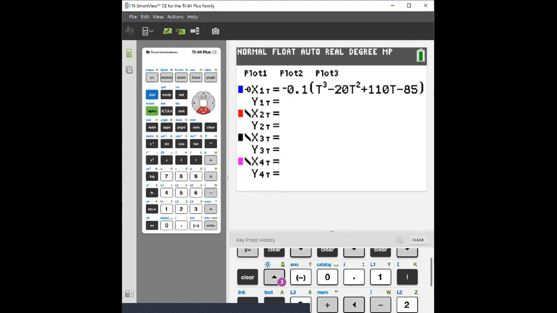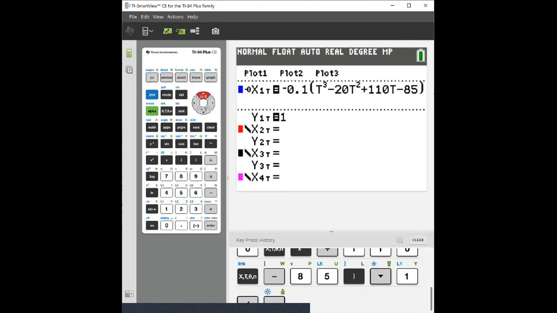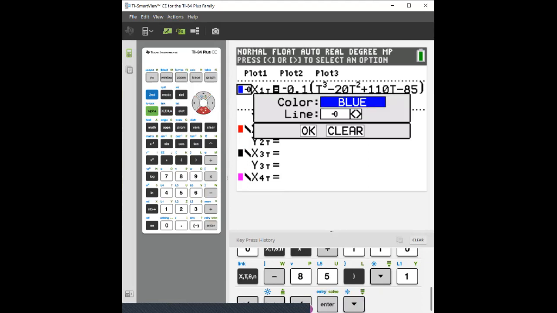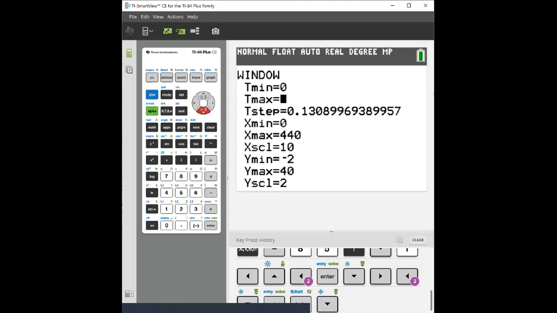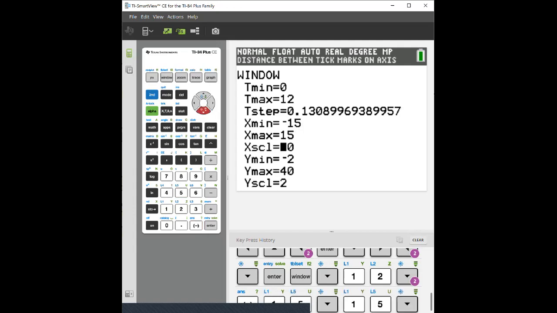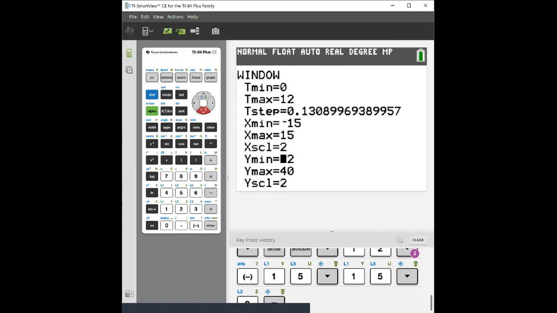Then we do need something for our y equation. I'm going to use 1, and I know I want my window, my time, to go from 0 to 12. Setting up my window.